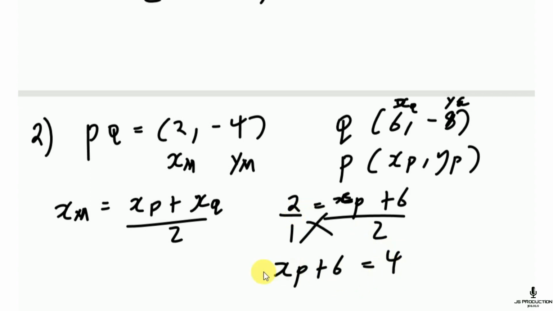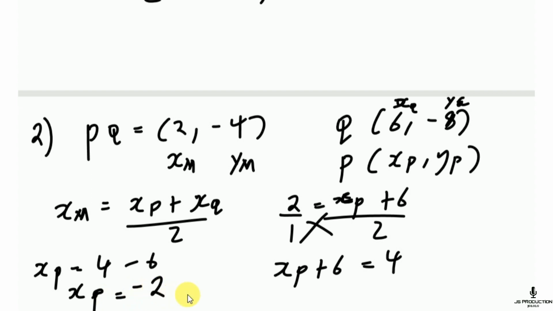So we collect the like terms: xp is equal to 4, and when 6 goes to the other side of the equation, it becomes negative 6. So xp is equal to 4 minus 6, that's negative 2. So the x coordinate of P is negative 2.